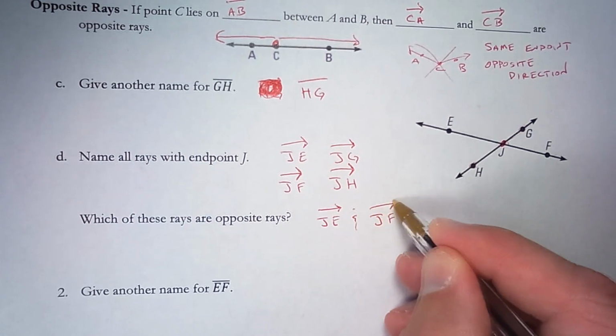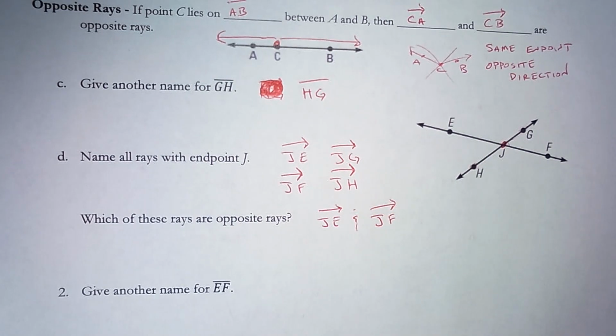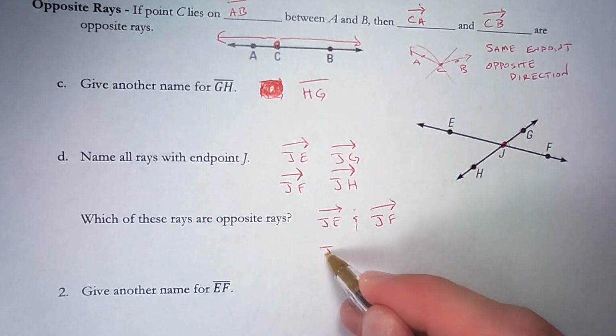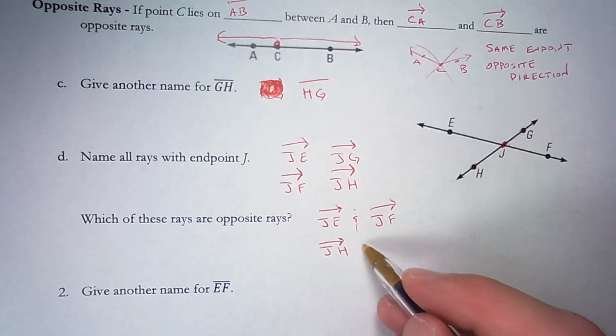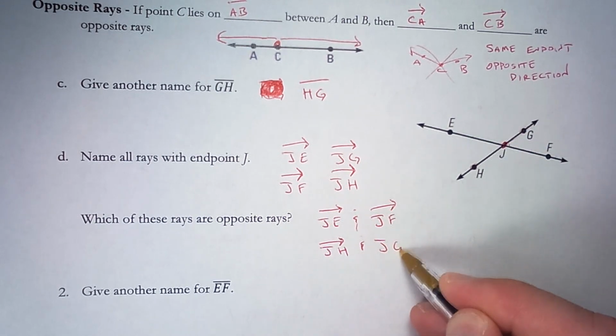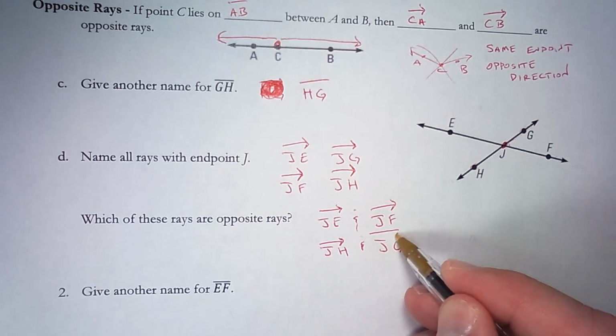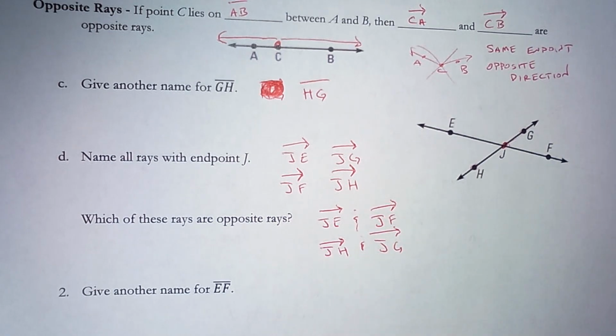So ray JE and ray JF are opposite rays. I also see that ray JH goes exactly the opposite direction from ray JG. Okay? So those are my other pair of opposite rays.